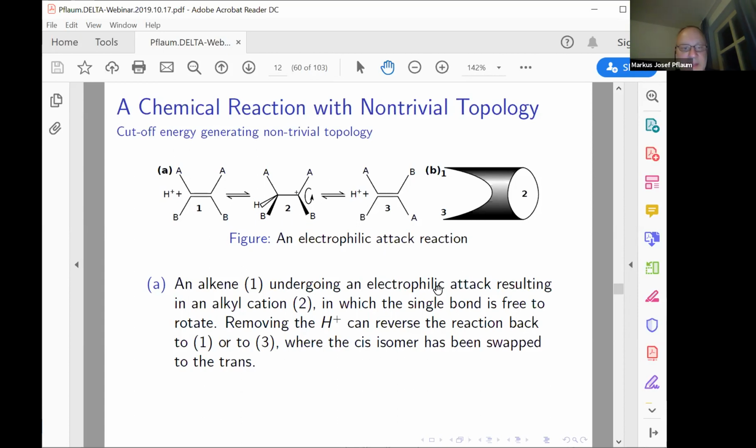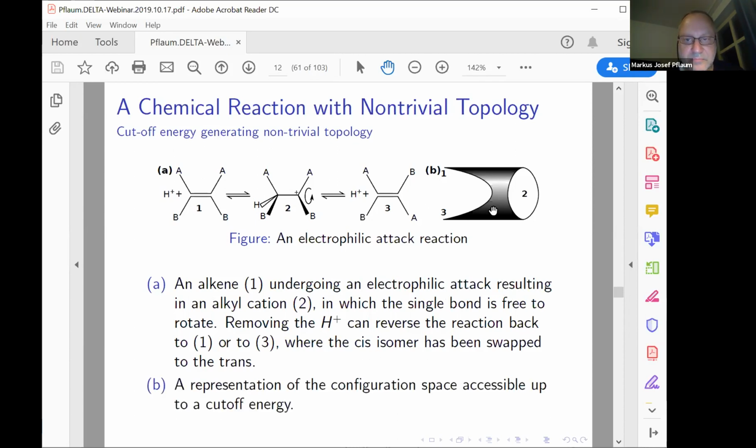And then in 3, the hydrogen ion can be removed, and then what can happen, it need not, but what can happen is that you have a switch from a cis isomer to a trans isomer. And whether this is possible or not is very much dependent on the energy, so to speak, you put into the system.